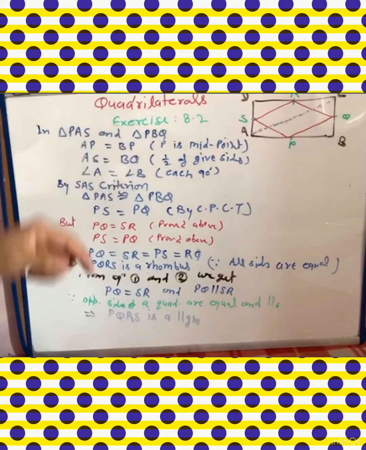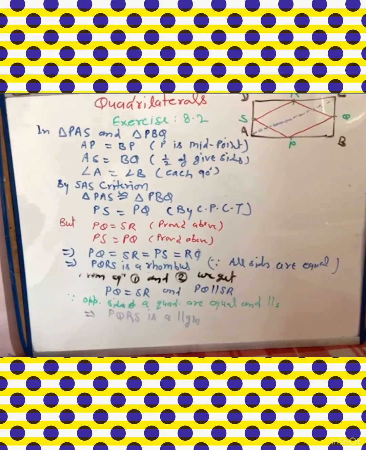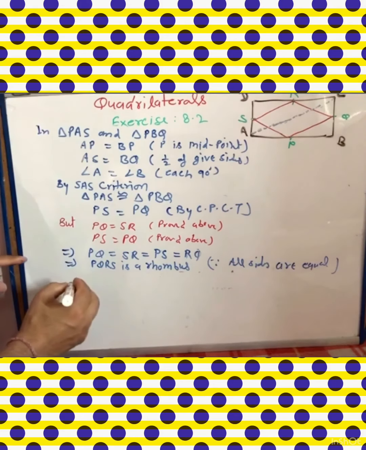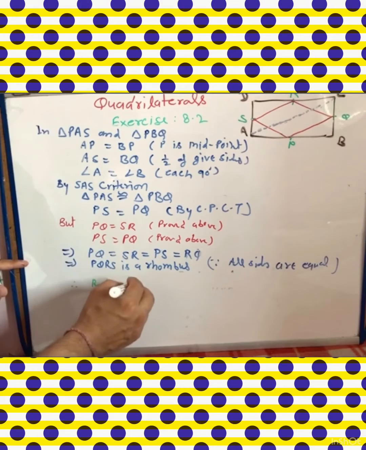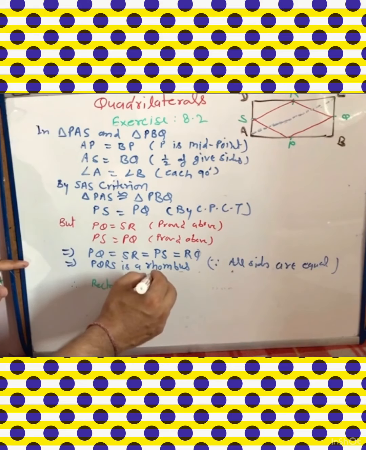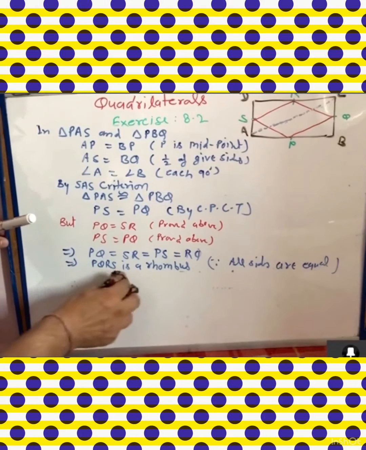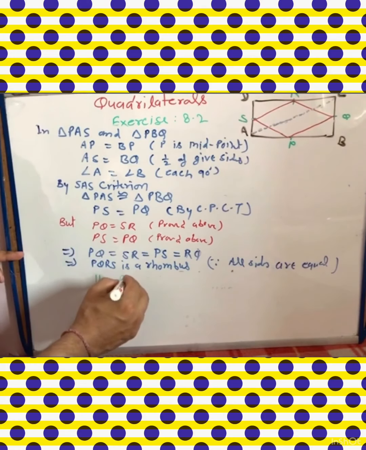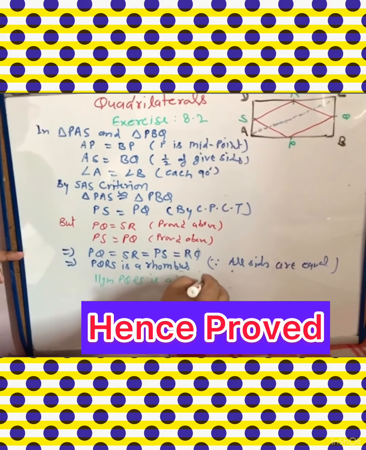This is the next side. So PQ equal to SR equal to PS equal to RQ. All sides are equal in a parallelogram. Then you can say that therefore parallelogram PQRS is a rhombus. Hence proved.